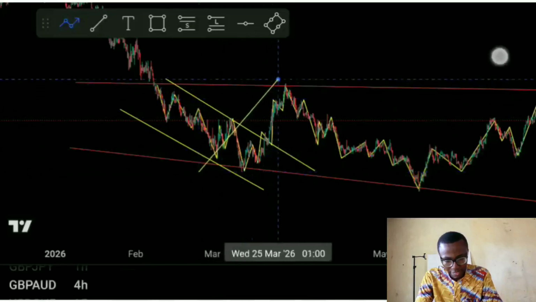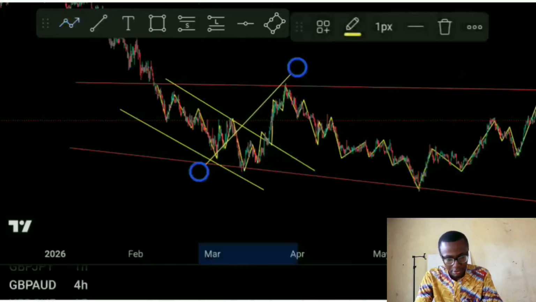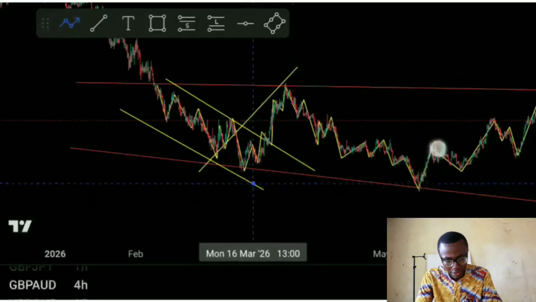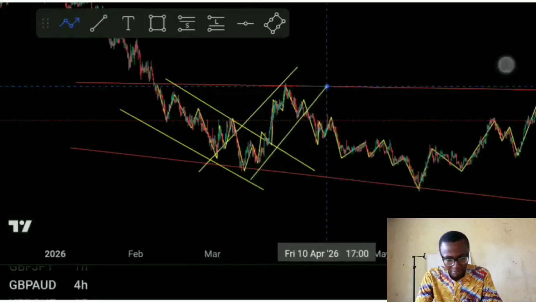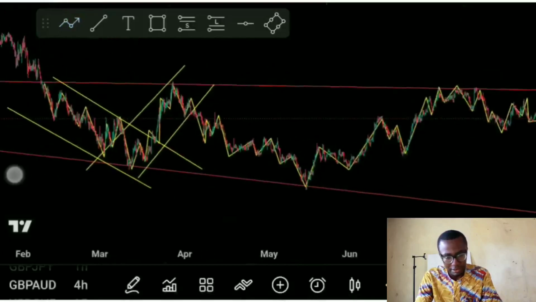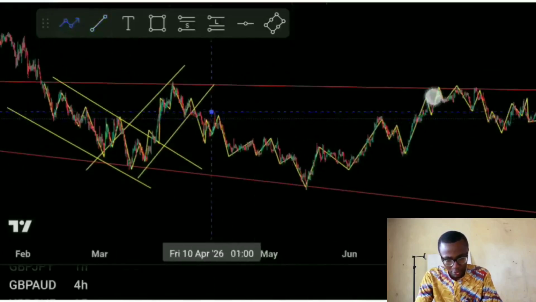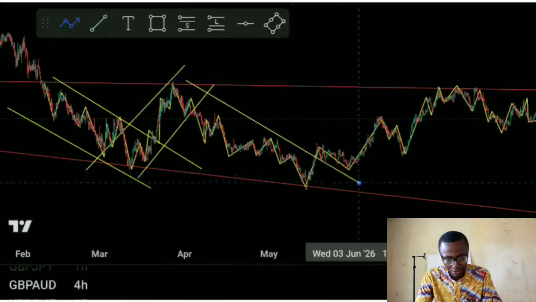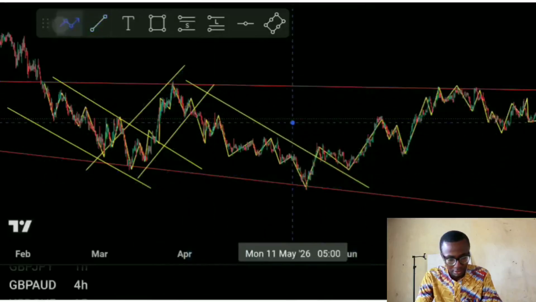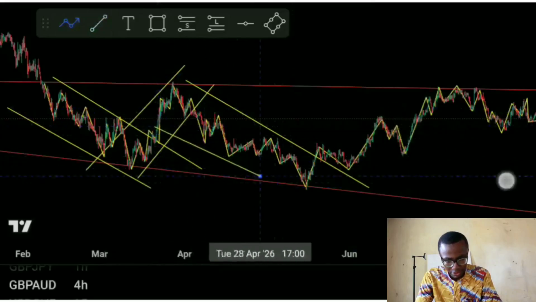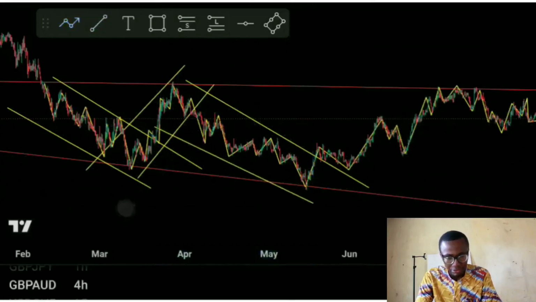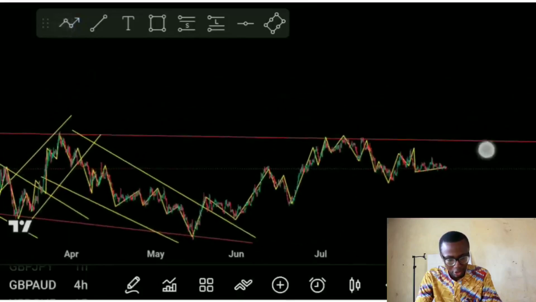Then this is now an uptrend, but that uptrend is a bounce in the higher time frame. So can you see it? Now look at this one again. A downtrend, a downtrend. Then the downtrend became an uptrend again.